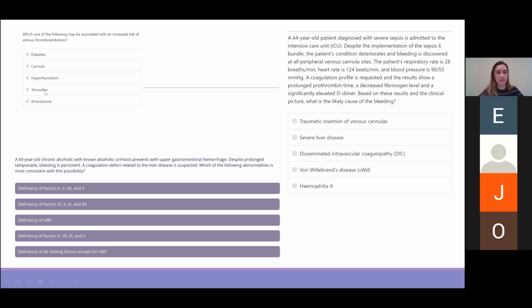That was just a little thing there. And this question is just testing if you know that the liver produces coagulation factors except for von Willebrand factor. So the answer here is a deficiency of all clotting factors except for von Willebrand. We're going to come to this question in a second, so don't worry about that.